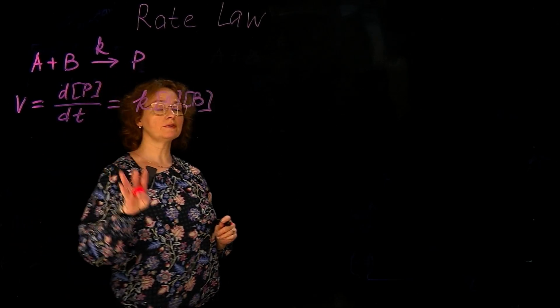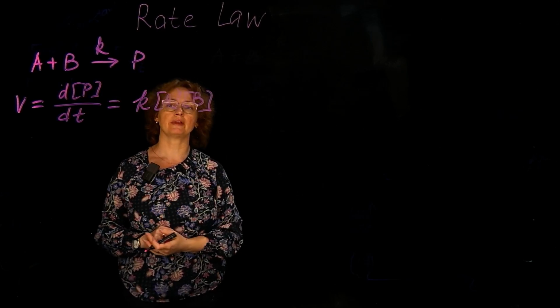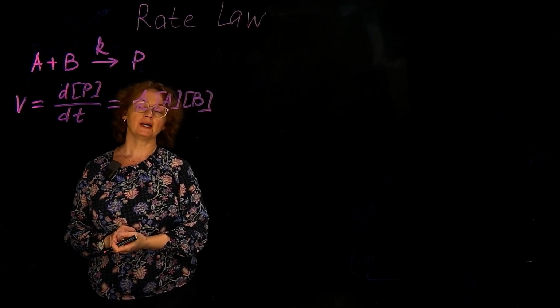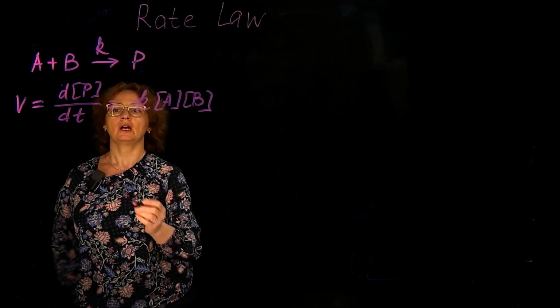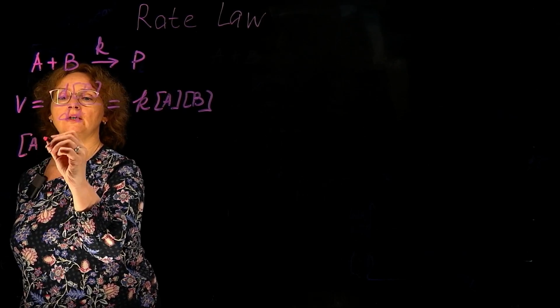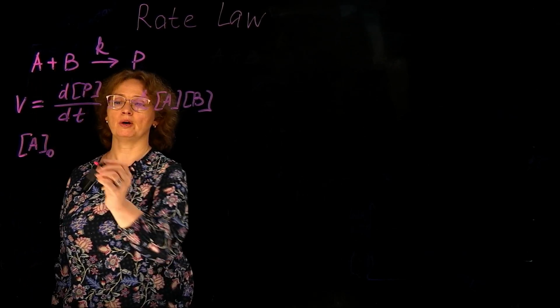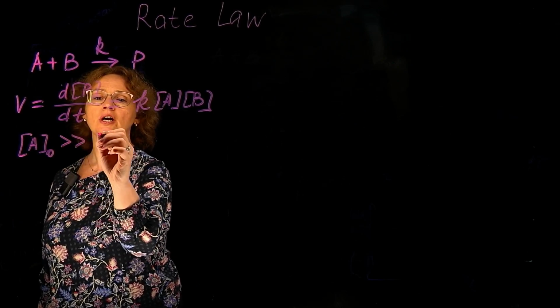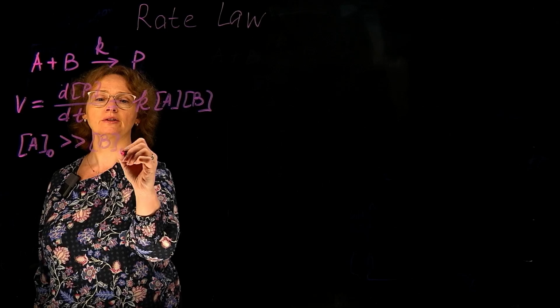So it's difficult to derive that rate law, but it will be easy if the initial concentration of one compound, for example, was much higher than the concentration of another compound.